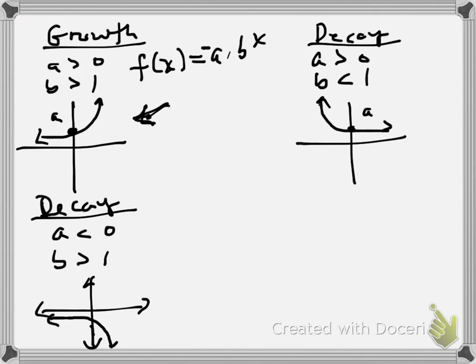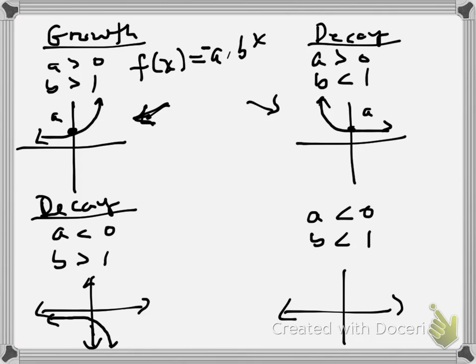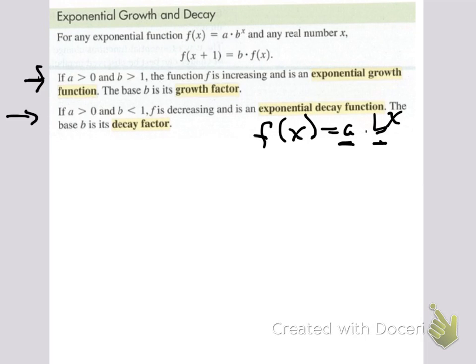And then if I make a negative here, I would reflect it across the x-axis, and so I would have a less than 0 and b less than 1. Then I would draw the graph, and you'd have something like that. And here would be growth.